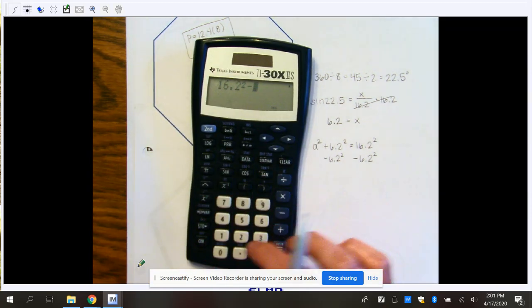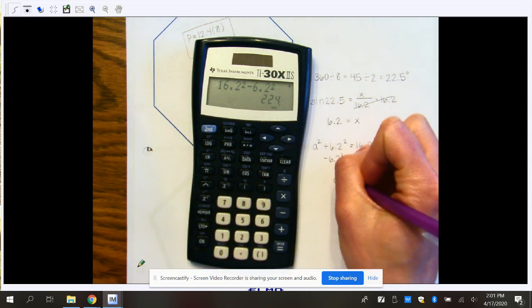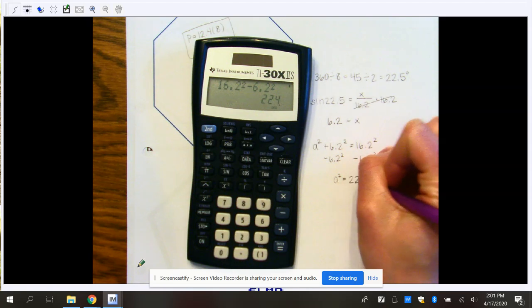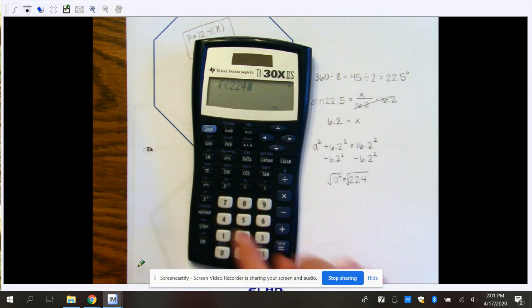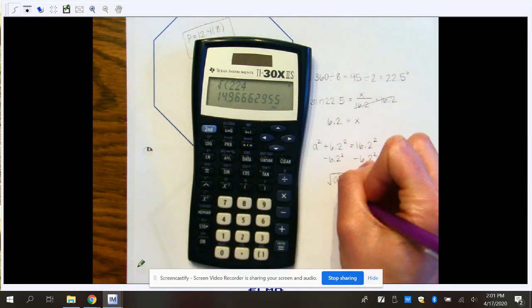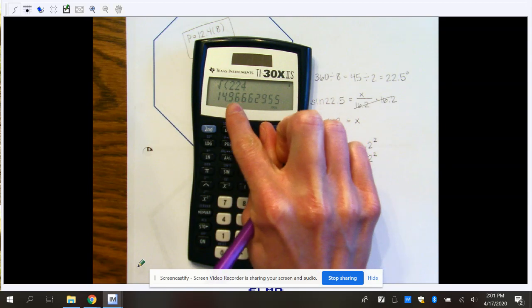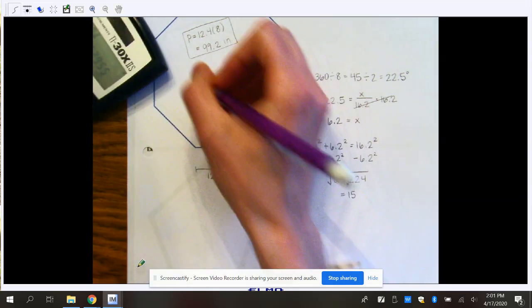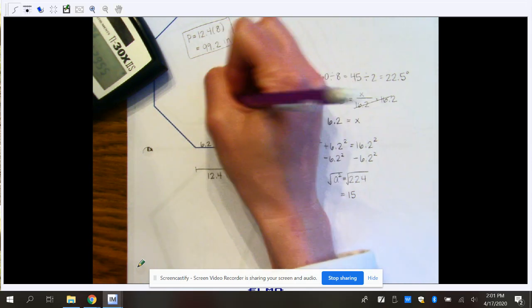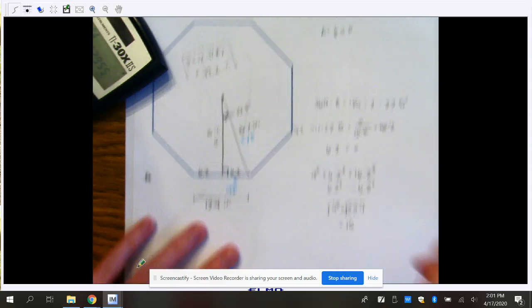So 16.2 squared minus 6.2 squared is 224. And then when I take the square root of that, let's see, that's actually going to round to 15 because that 6 bumps that 9 up, and so that would be 15. So that would be the length of our apothem.